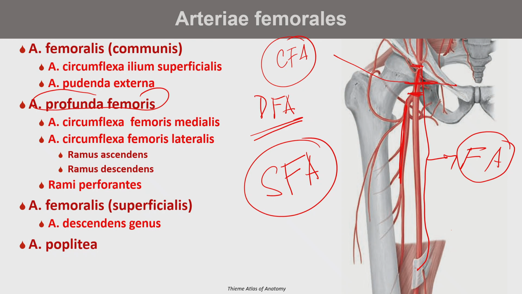So it's very frequently used, but in anatomy it's not a true name. But it's important to understand it. This superficial femoral artery has only one branch, typically arising in the distal part, called the descending genicular artery, descendens genus. Then the femoral artery turns into the popliteal artery.